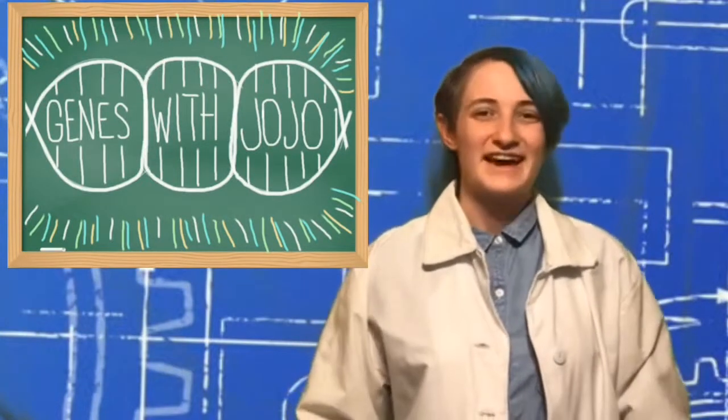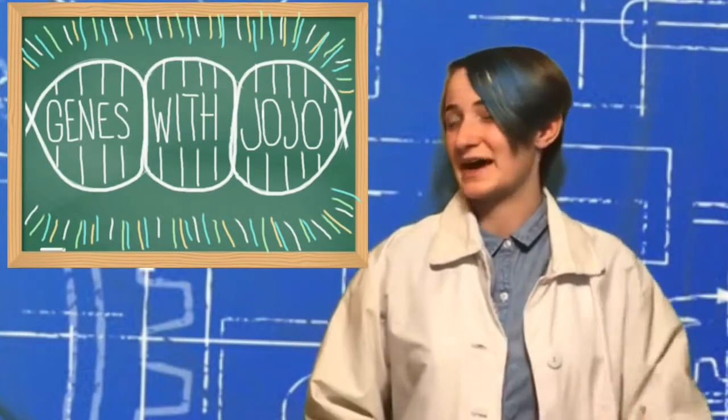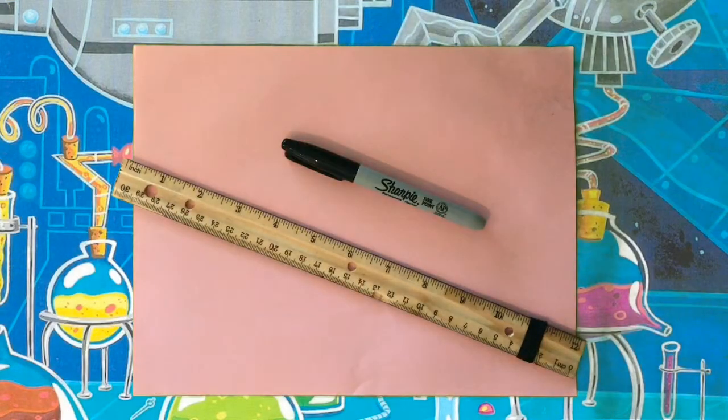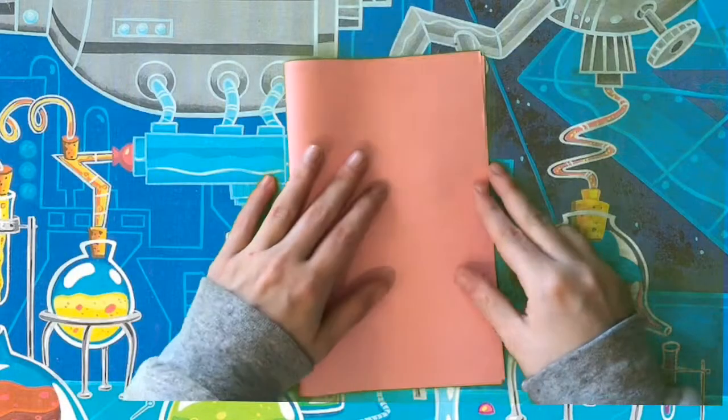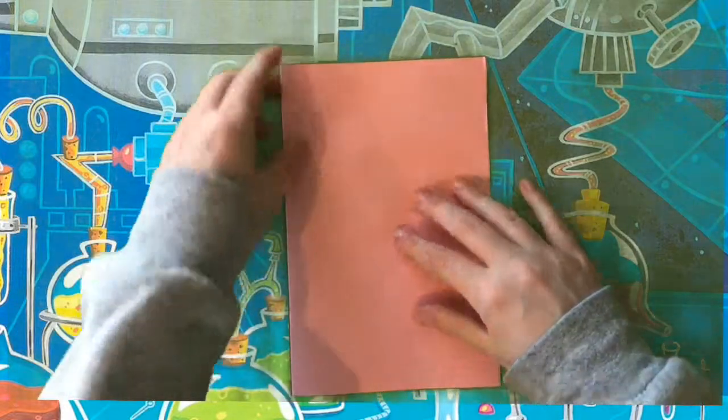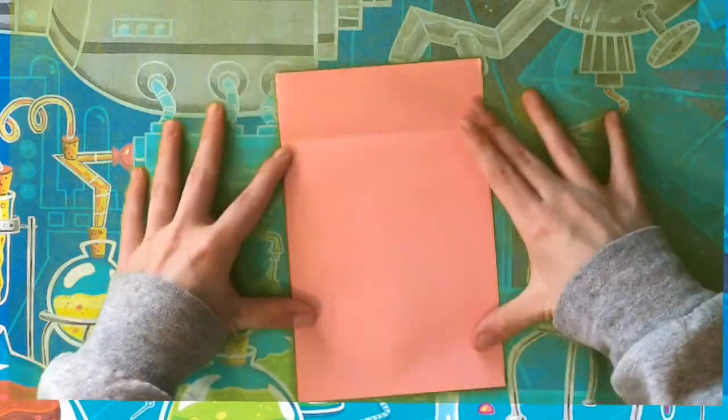For a fun activity, let's try to find out some of your genotypes based on your parents' phenotypes. All you need is a piece of paper, a straight edge, and something to write with. First, we will need to make a chart, so let's fold our paper into 16 squares.